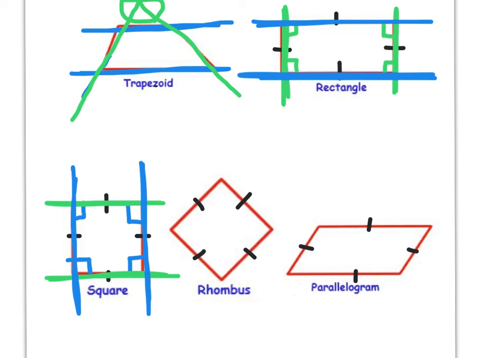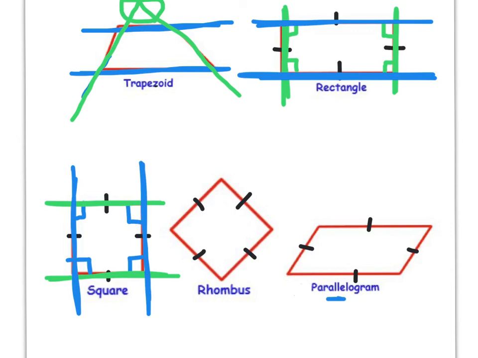Let's take a look at the parallelogram over here. I meant to say the parallelogram. It just looks like a rectangle that's kind of slanted, but a parallelogram has 4 sides and 2 pairs of parallel sides, which you kind of see those 2 double L's right there. Parallel has the two L's.